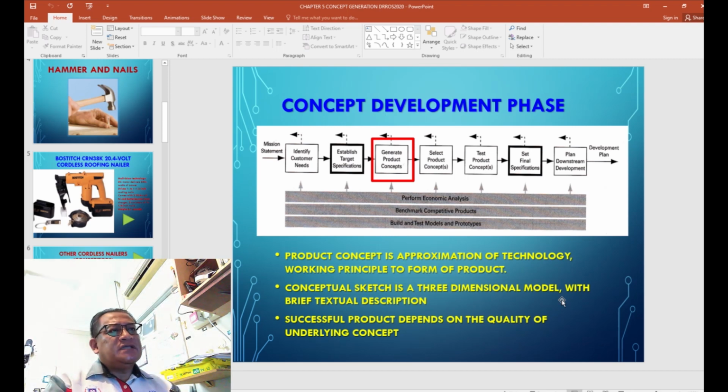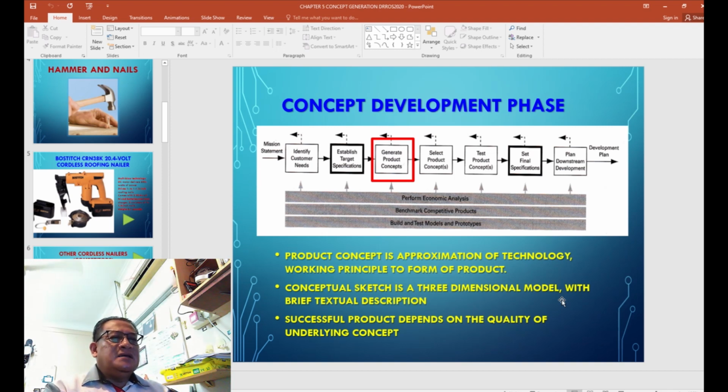A product concept is basically the technology to be embedded into the new product. It's an approximation of the technology and working principle that basically drives the product.